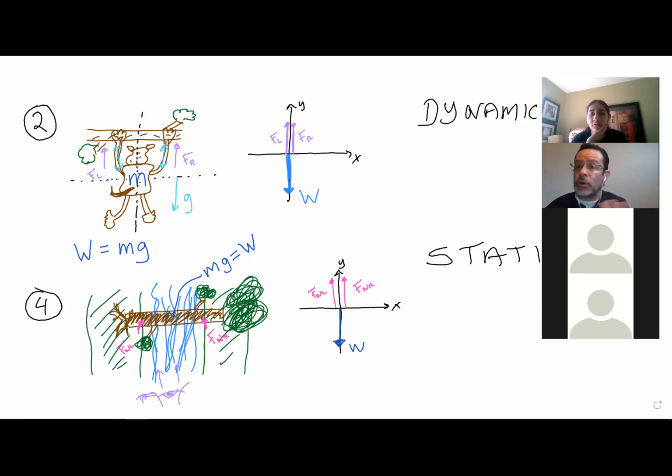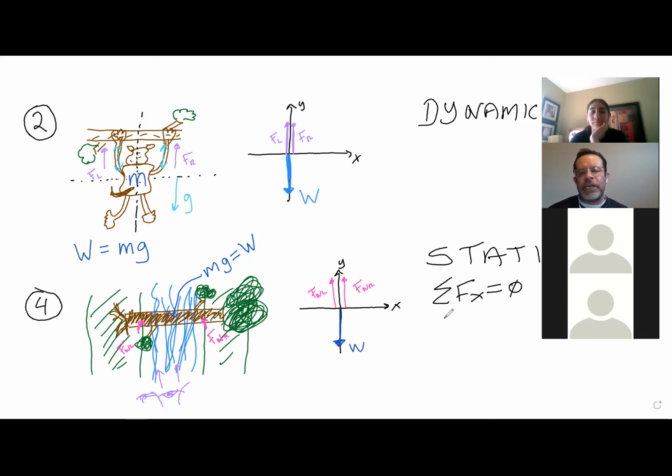It's 0. Yep. So I'm going to write that down here. If I do a sum of forces in X, well, it's 0 because there are no forces in X. Would you agree, Viviana? Yes.